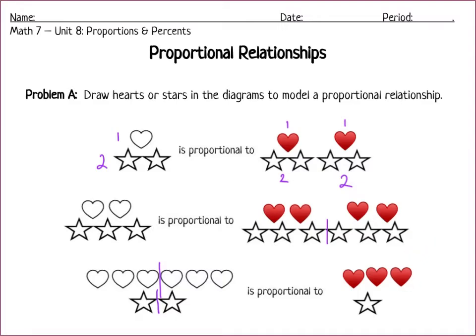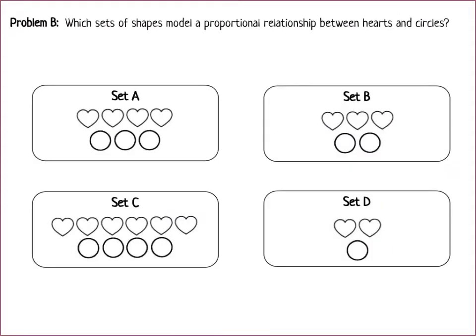Now let's take a look at problem B. Problem B says which sets of shapes model a proportional relationship between the hearts and the circles. So we have to figure out which sets match each other. In set A, I have 4 hearts to every 3 stars. In set B, I have 3 hearts to every 2 circles.